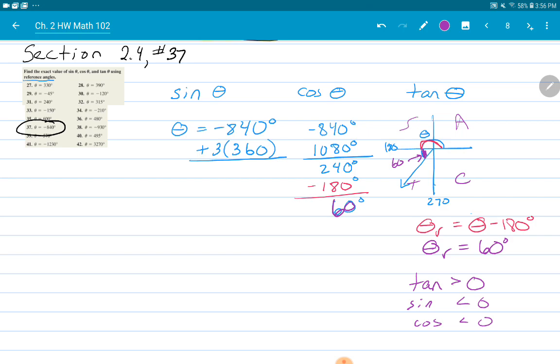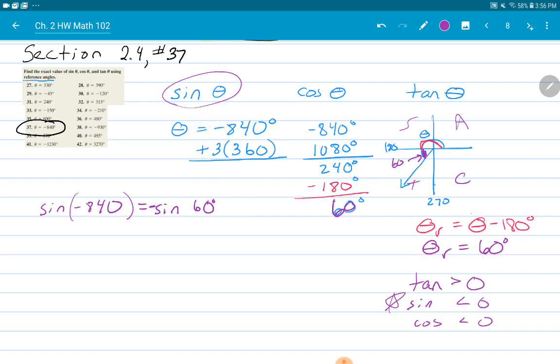So going back to our original request. Sine of negative 840 equals sine of the reference angle, which is 60, and it will be negative because it's in quadrant 3.